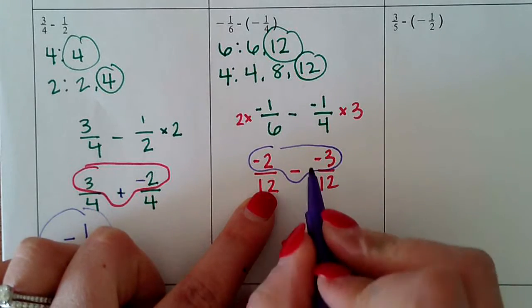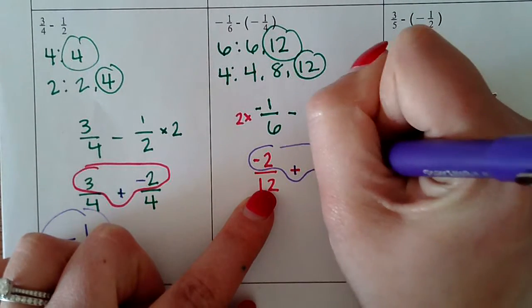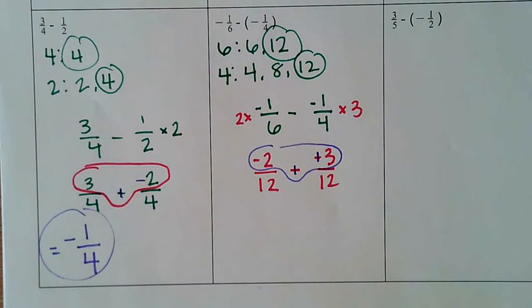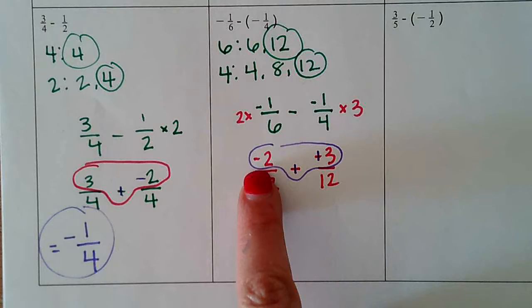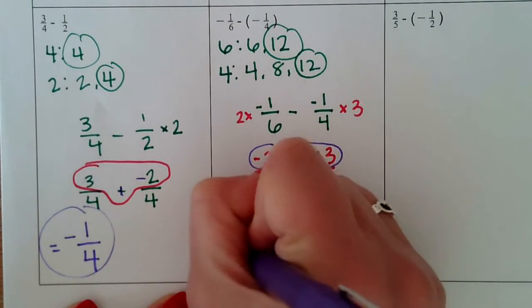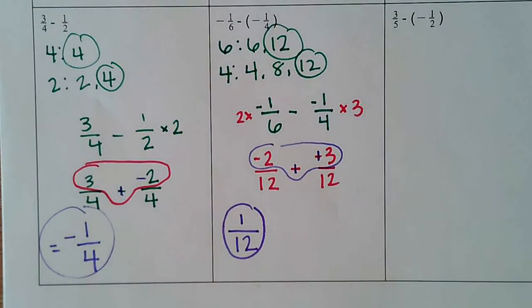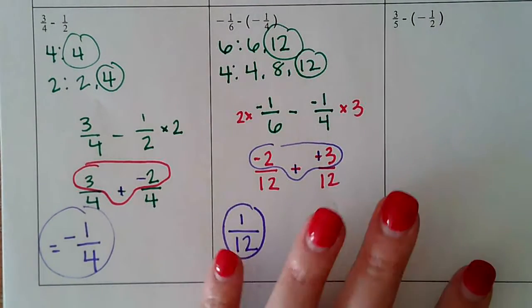But I go ahead and turn this into addition and find the opposite of that. Opposite of -3 is +3. -2 plus +3 is going to get me 1/12. That's my answer.